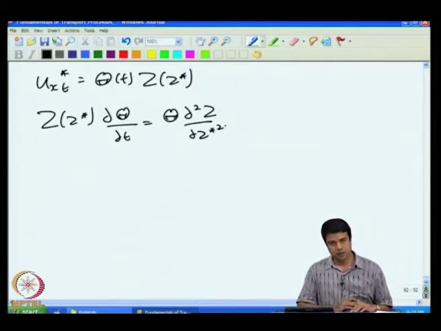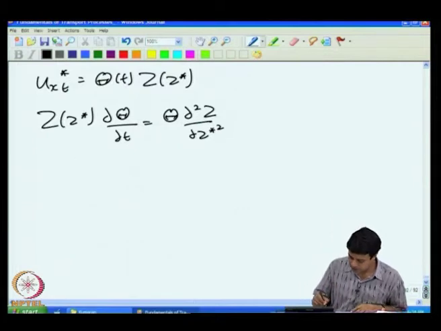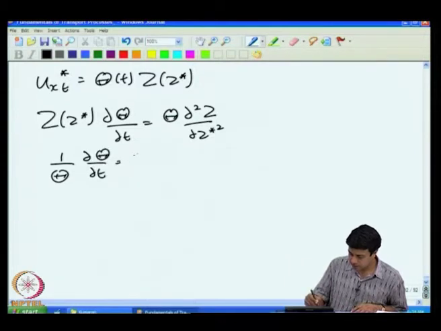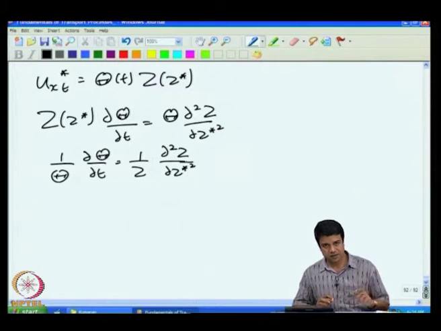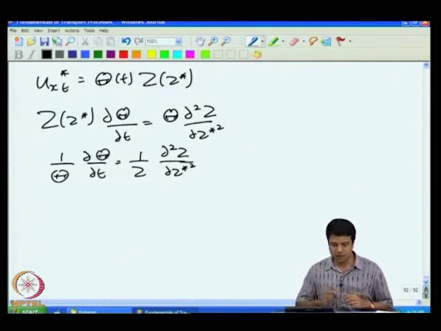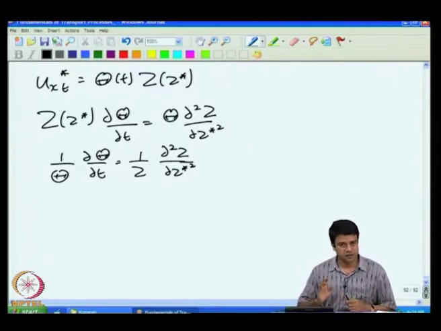And if I divide throughout by theta times z, I get 1 by theta partial theta by partial t is equal to 1 by z partial square z by partial z star square. Once I have this, the left hand side is only a function of time, the right hand side is only a function of z, and I can set both of those equal to constants.